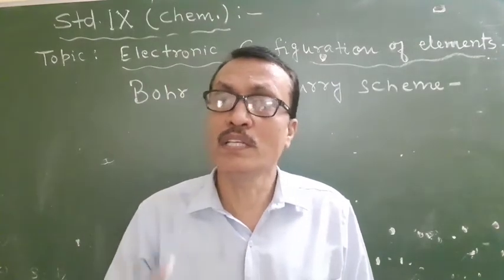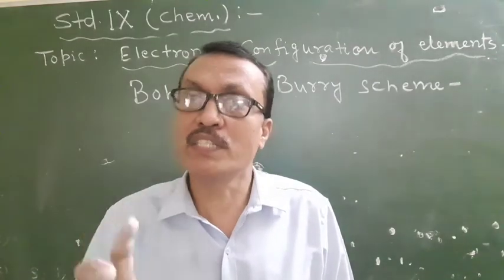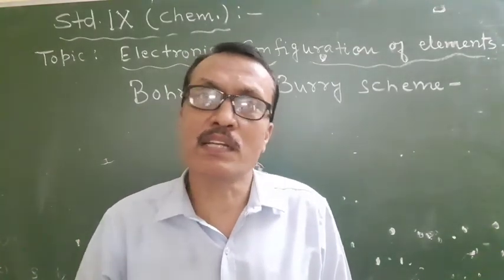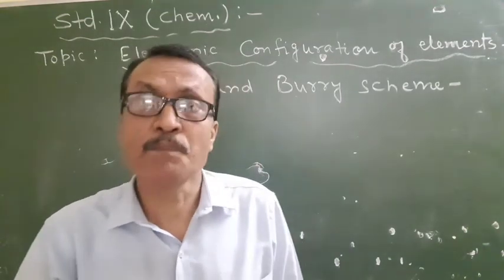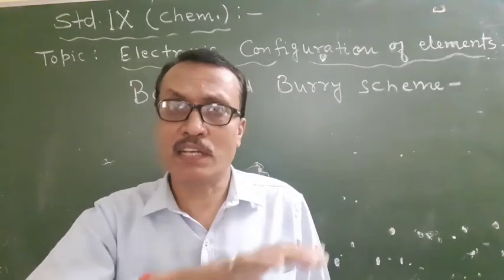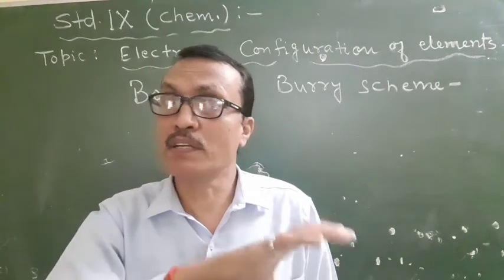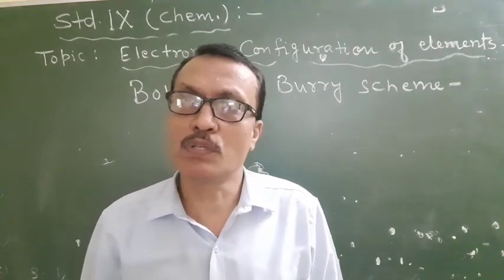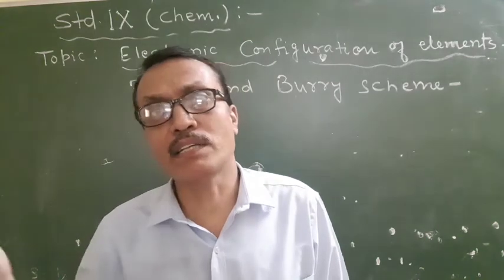Here you only have to consider that the atom is spherical, and at the center there is a heavy positively charged nucleus, and outside the nucleus there are different energy levels, orbits or shells, which are denoted by the English alphabet K, L, M, N and so on.